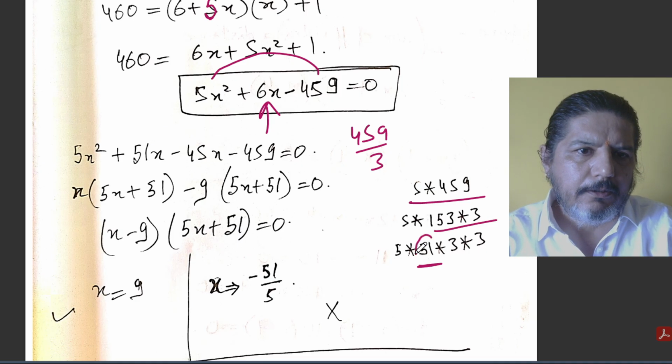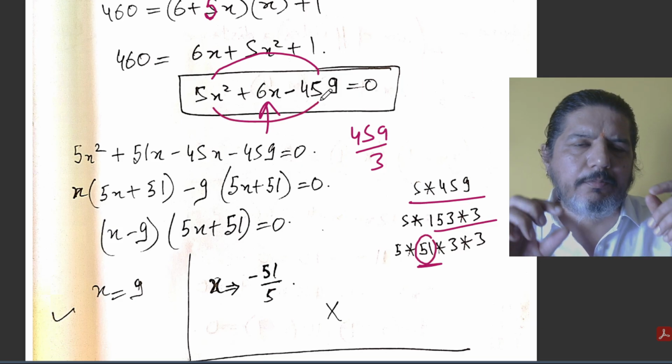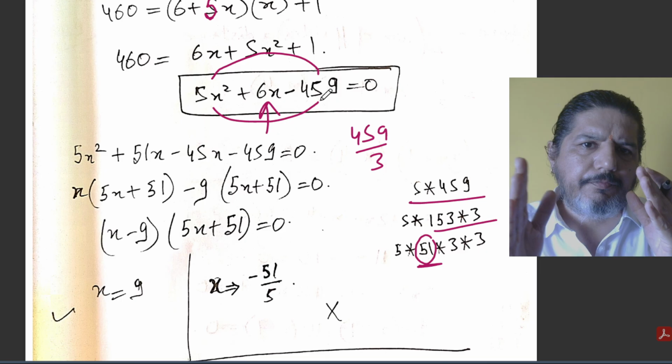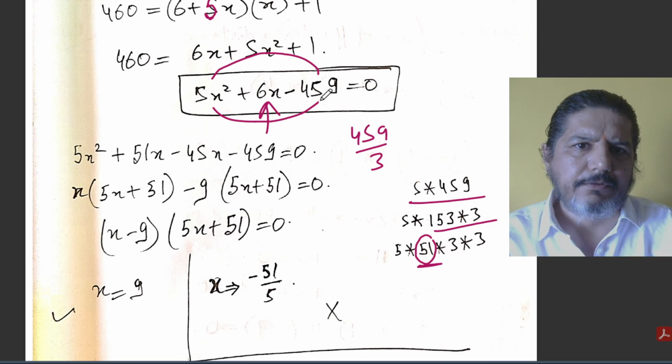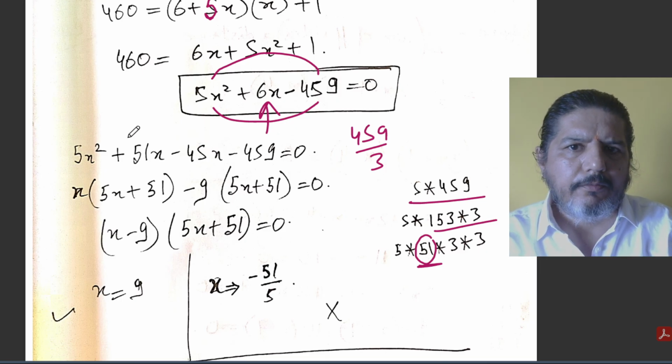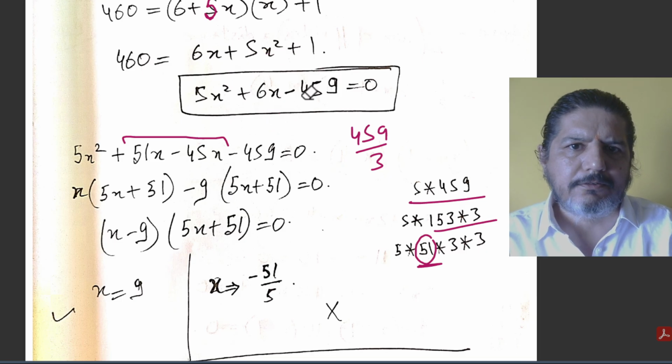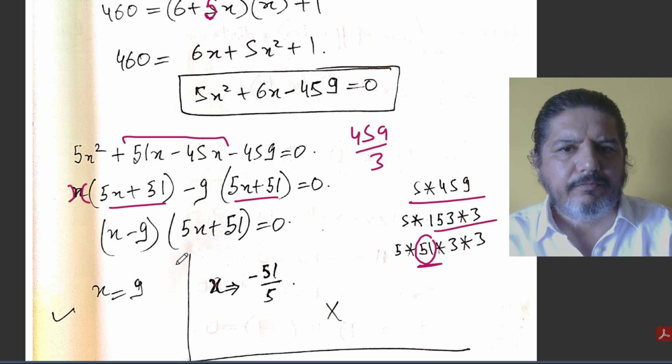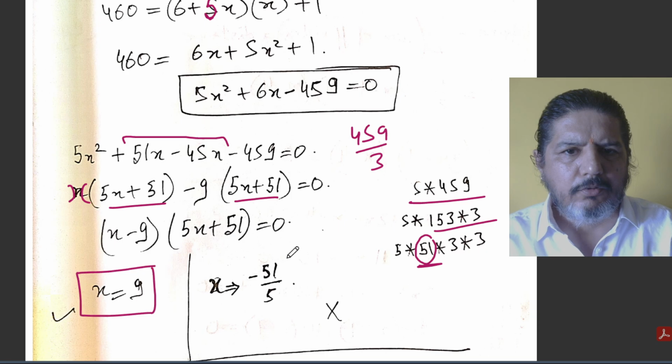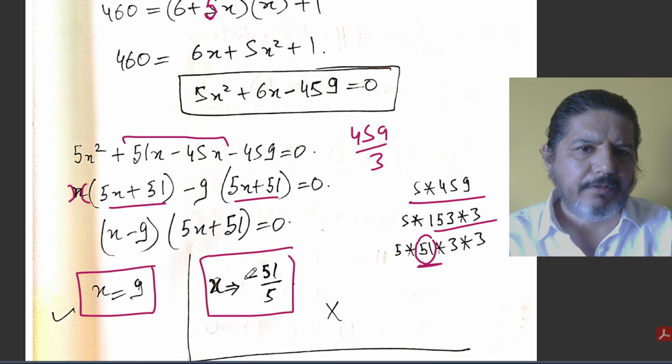So whenever you see big numbers at play, please understand they won't be small numbers. So 51 and 45 are how we split the middle term of 6x. So now 5x plus 51, I take x common, 5x plus 51 here, and finally x is equal to 9 and x is equal to minus 51 by 5.